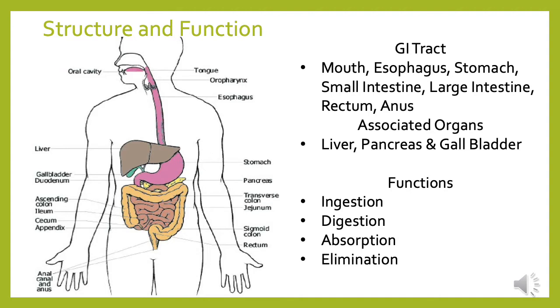It's also important to know that the GI tract is controlled by the parasympathetic and sympathetic nervous system. And a very large percentage of cardiac output is dedicated to the GI tract. So in situations where there's stress or injury, or when someone's performing heavy exercise, the blood can be shunted away from the GI tract where the body is going to need it more at that moment.